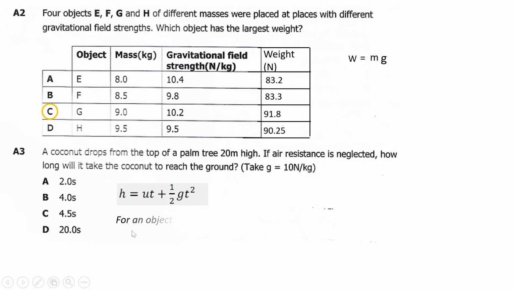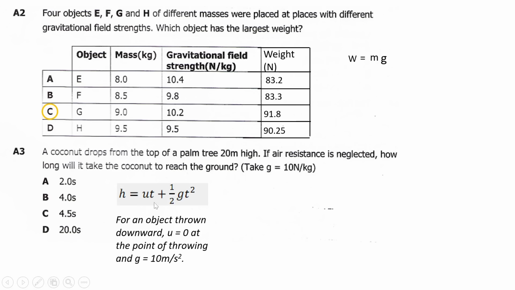Now you need to know that for an object thrown downward, initial velocity is equal to 0 at the point of throwing, and acceleration due to gravity is equal to 10 meters per second squared. This simply means that an object thrown downward is the same as an object which drops. So in that situation, initial velocity is 0.